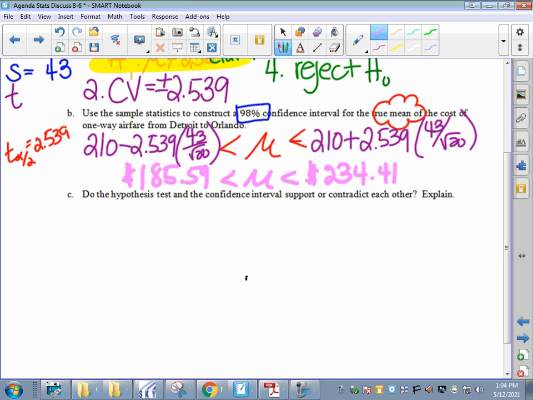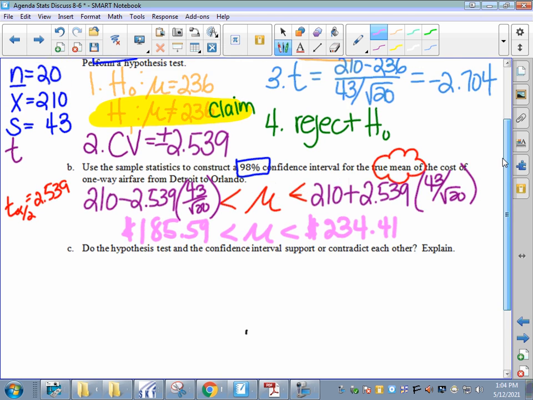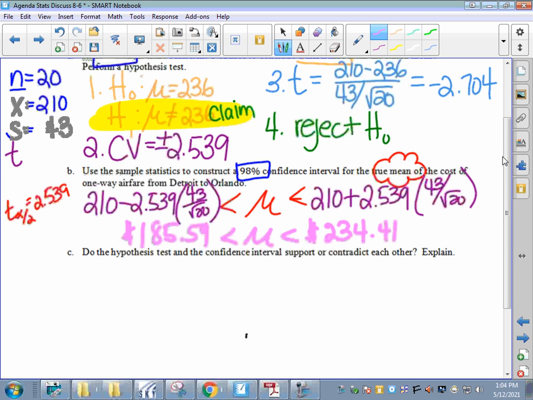So now the question is, do the hypothesis test and the confidence interval support or contradict each other? And explain. Well, I highlighted that H sub 1 up there because we rejected H sub O. We rejected that the mean is equal to 236, which means we think that the mean is not equal to 236. So when I look at my confidence interval, my question to myself is, where does 236 fall?